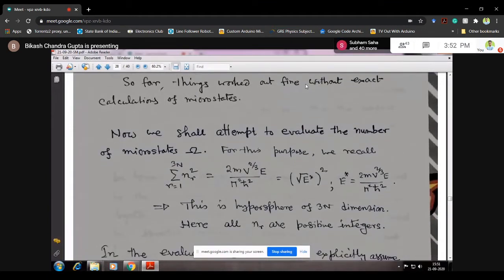Now, so far, as I said, things worked out fine without exact calculation of microstates.